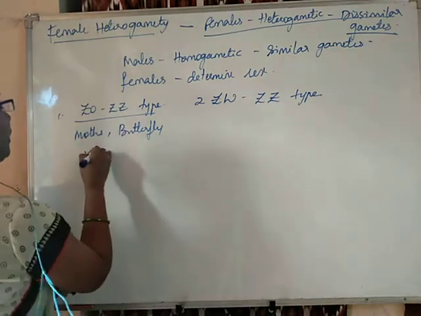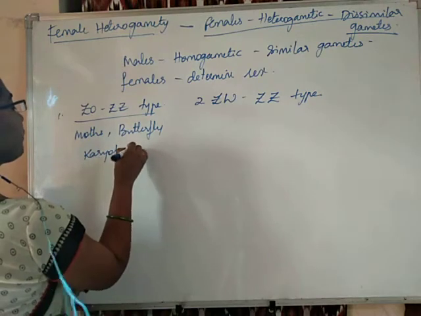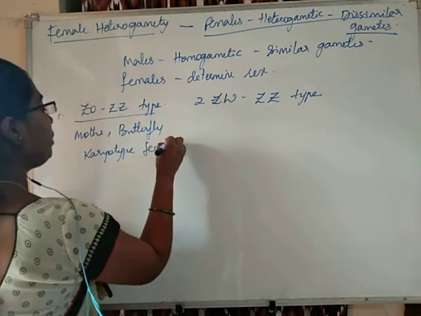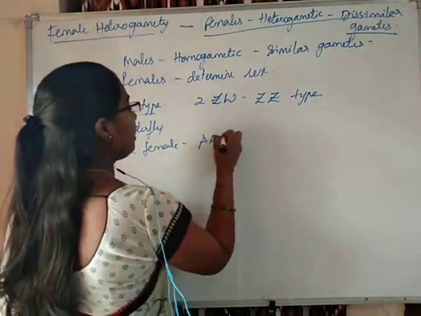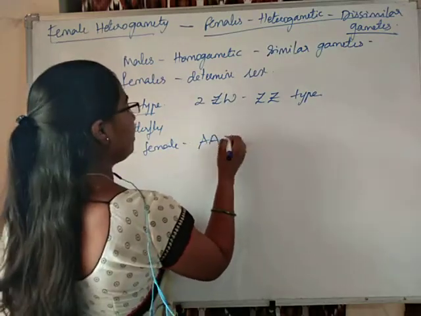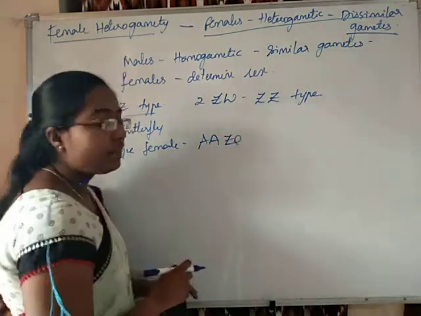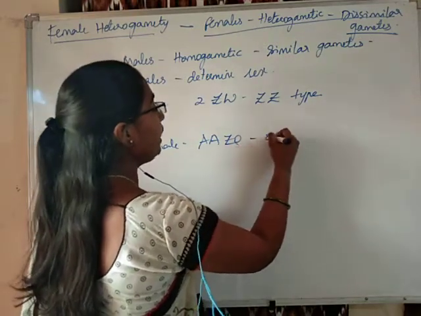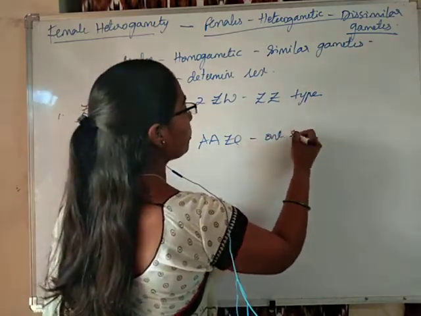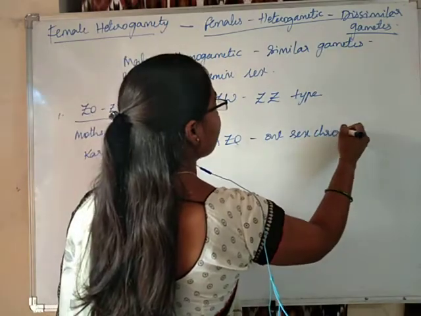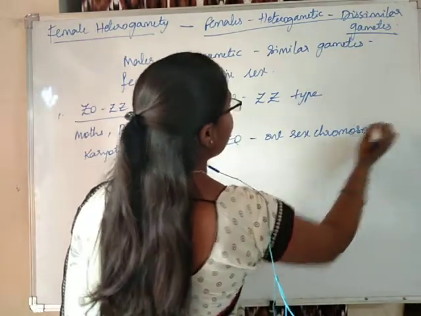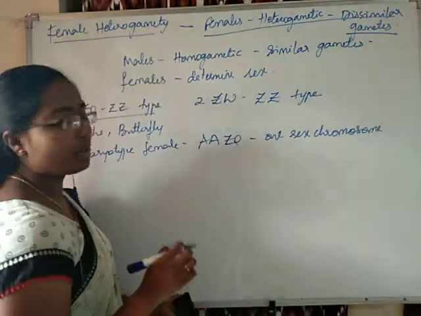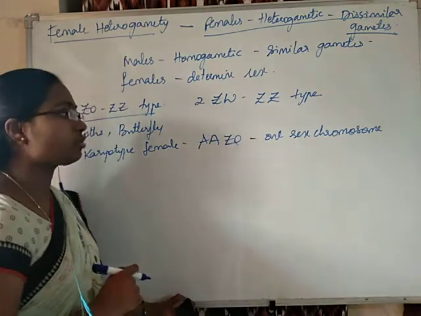Here the karyotype of females will be AAZO. That means in these female individuals there is only one sex chromosome. One sex chromosome is only present in females.